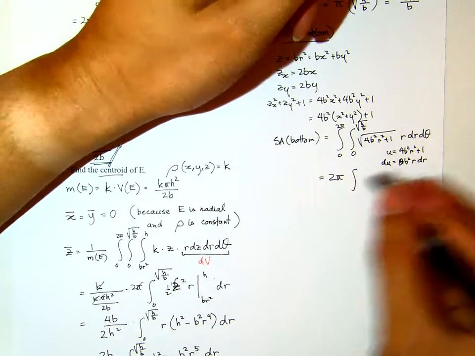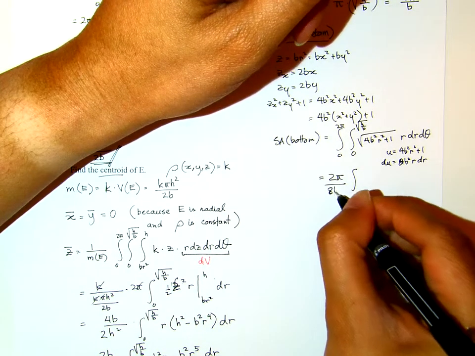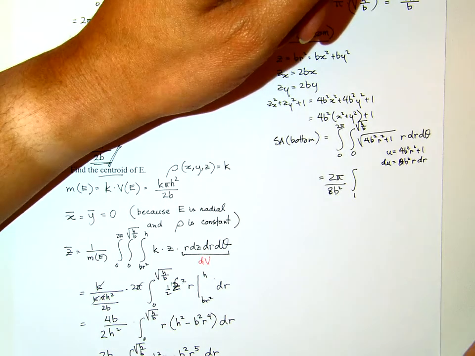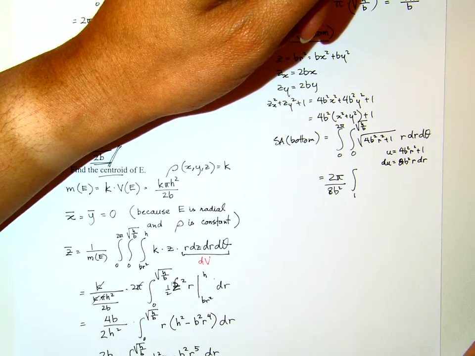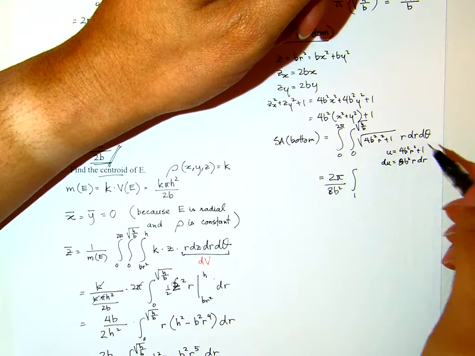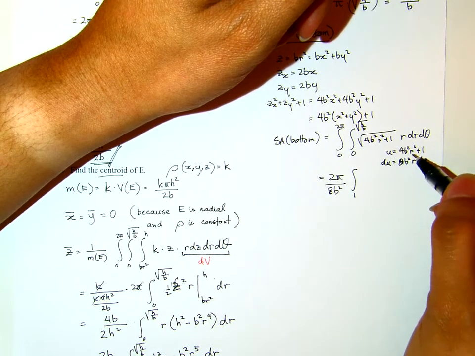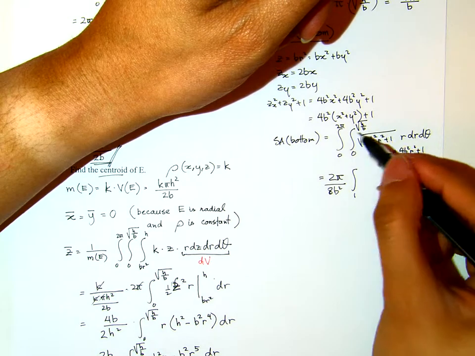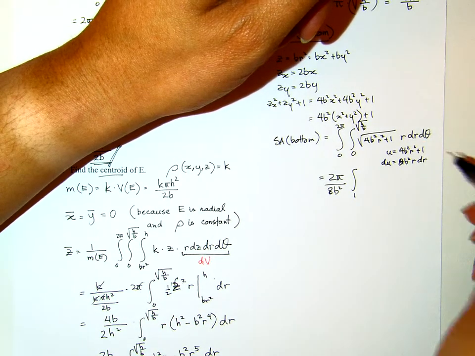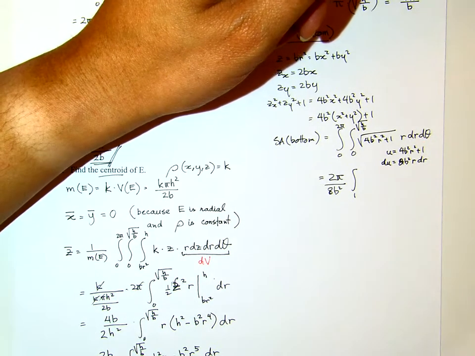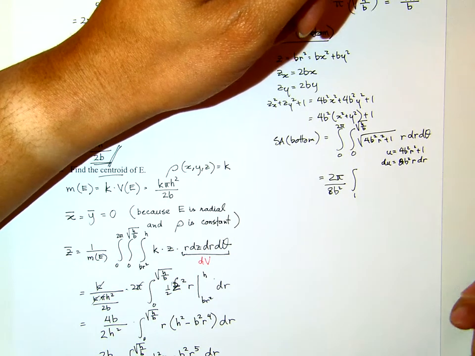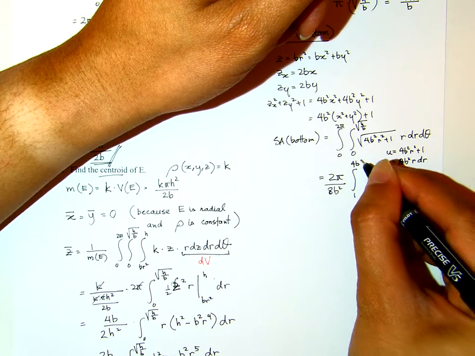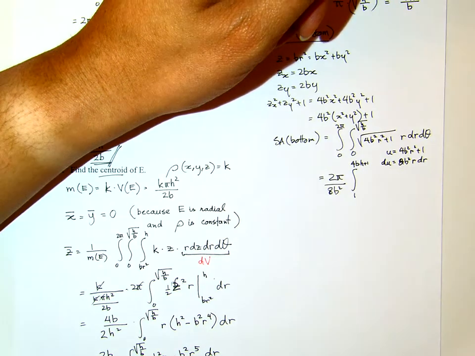Okay, so I can divide that by 8b squared. The lower limit will be 1, right? When I plug in the radius 0 into this, it will be 1. Now what happens if I plug in radius square root of h over b here? I hope you see that equals 4bh plus 1.